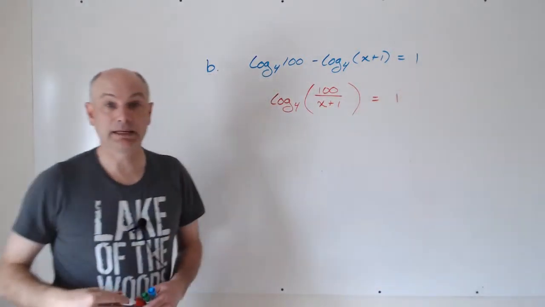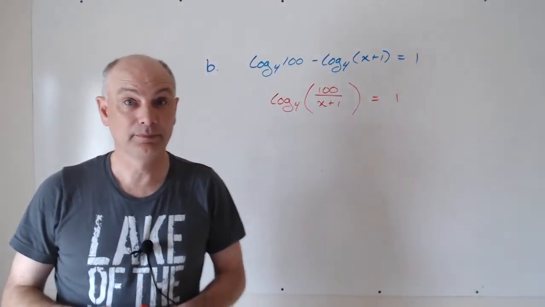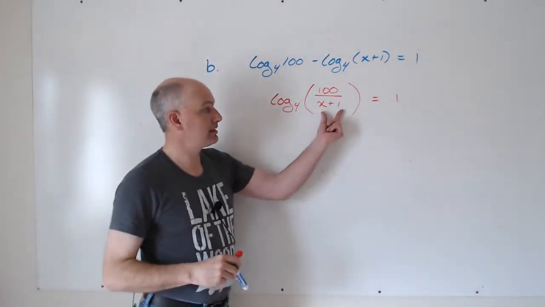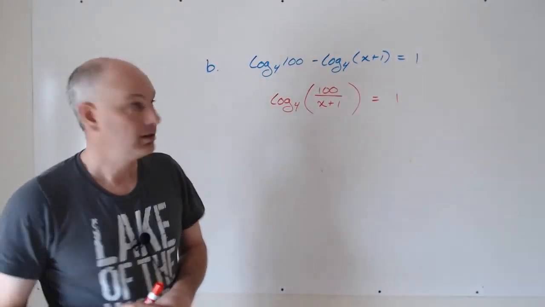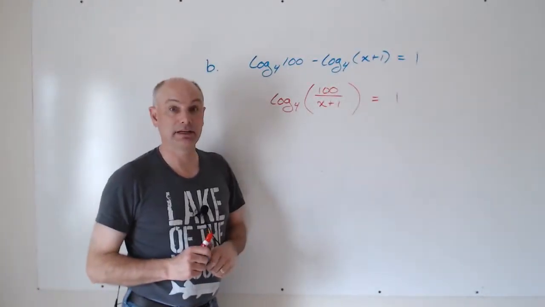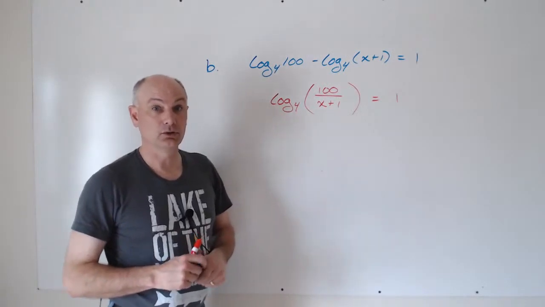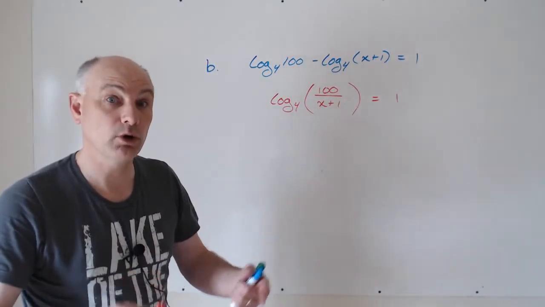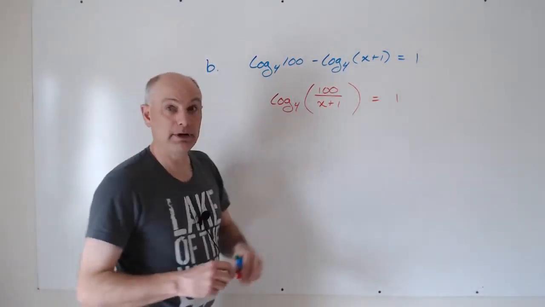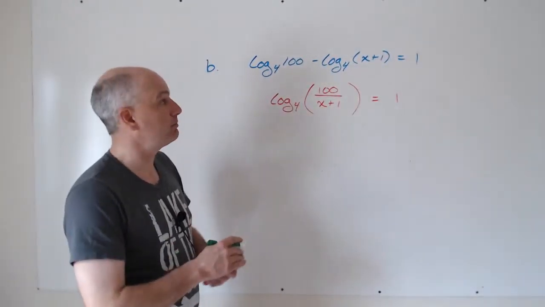Now, I've got to be a little bit careful here because this is telling me that I might have some sort of restriction, because I can't have a 0 in a denominator. So we might need to check an answer in the end just to make sure it works. I think I'm going to go ahead and state that restriction just to be safe.